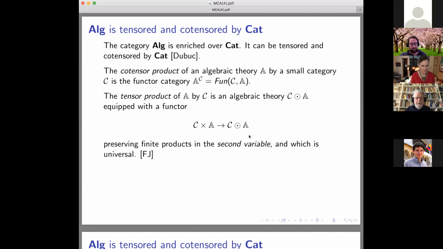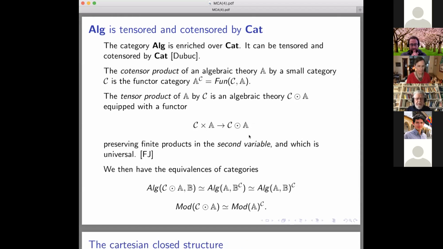If you have a small category C, the tensor product of A by C, which I write C·A, is a category with finite products equipped with a functor that preserves finite products in the second variable only, because A has finite products, but C does not. So you cannot ask for the condition of preserving the Cartesian product in the first variable. It would not make sense. So you just impose the condition that is there, and it works. That is the tensor product.